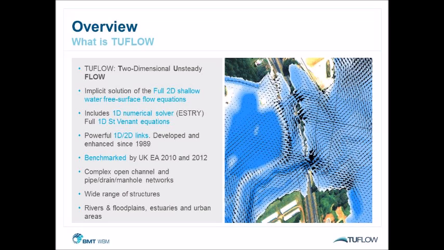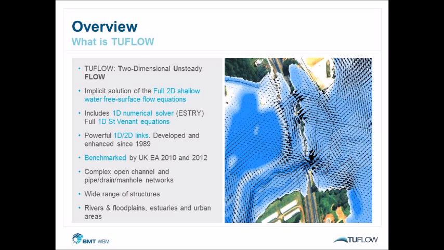It came from a coastal background, so it has all the terms in there, including viscosity and wind and other forces on it. But the focus of my research was actually to link 1D and 2D schemes, which hadn't really been done very successfully at that point in time. And the 1D solver that was available to me was named Estuary.